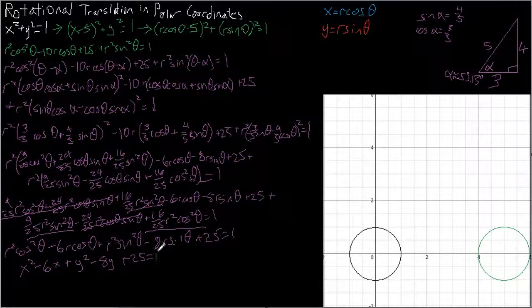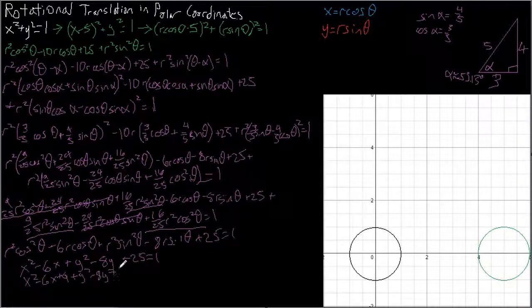So if you're familiar with how to graph a circle and how to work with the equation of a circle, you know that there's this completing the square aspect. X squared minus 6x, that wants to have a plus 9 on it. And y squared minus 8y, that wants to have a plus 16 on it.